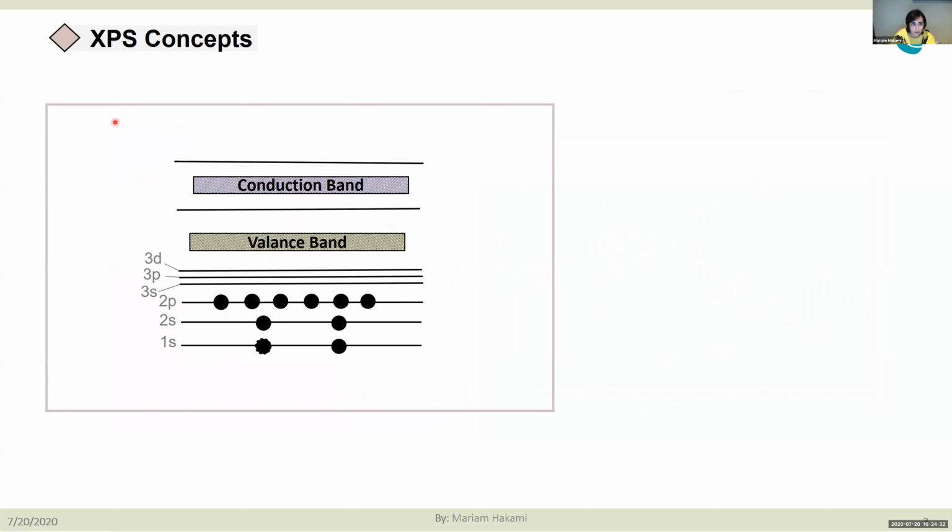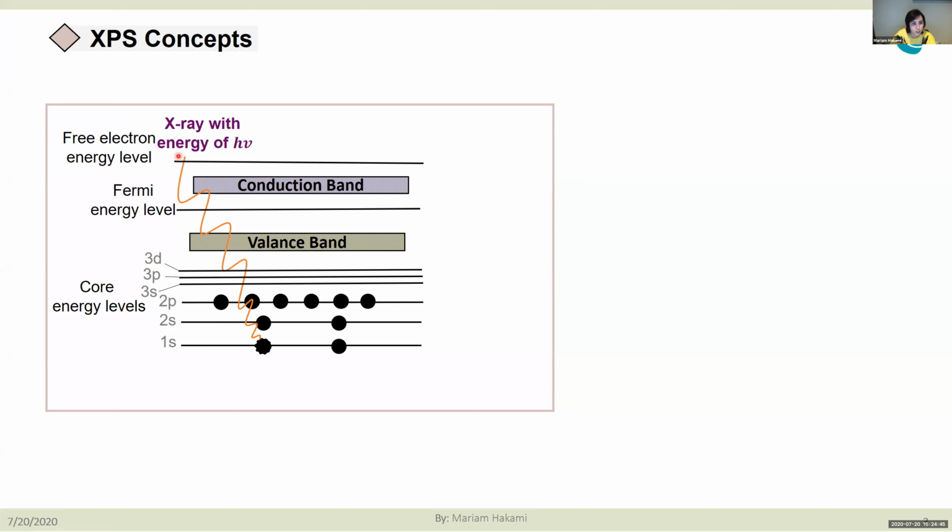So how it works, or the theory behind it, is based on the photoelectric effect discovered by Einstein. Here we have the core energy levels of the electrons in the atom, and here we have the Fermi energy level separating the conduction band and the valence band, and above that we have the free electron energy level.